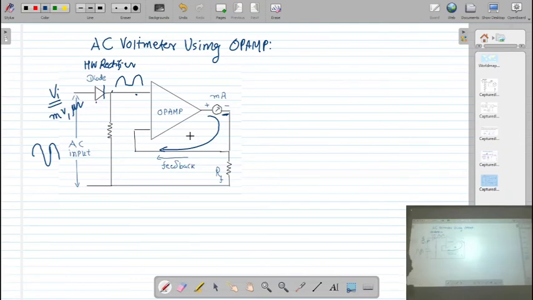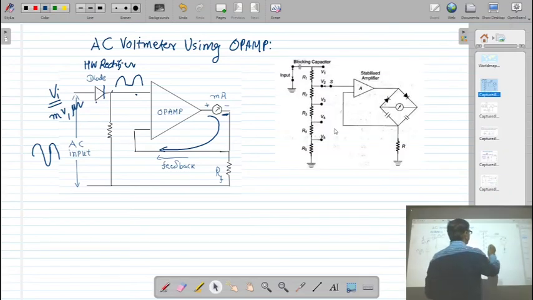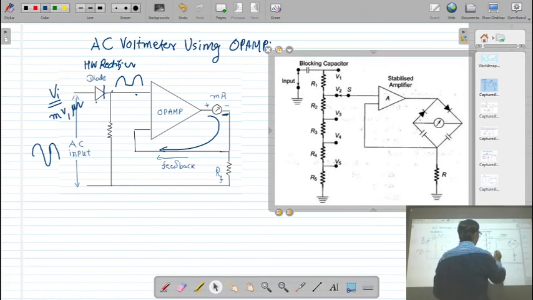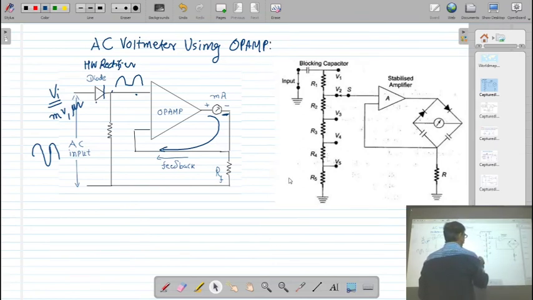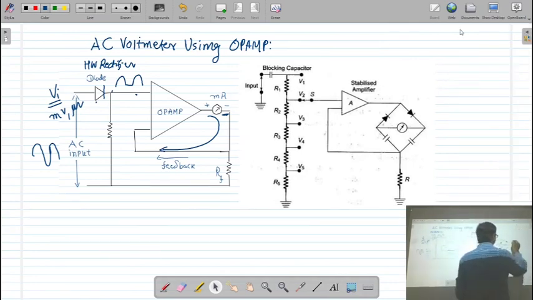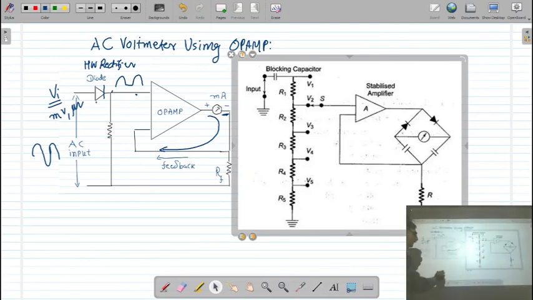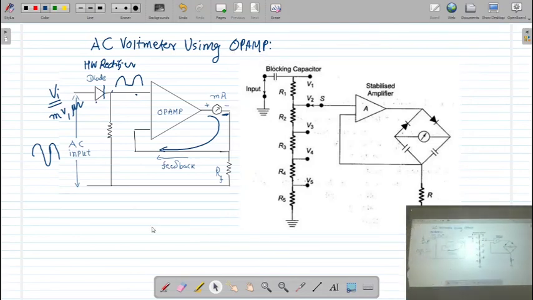And for that, we have another type of meter, where the rectifier is going to be here. You can see another circuit is there.